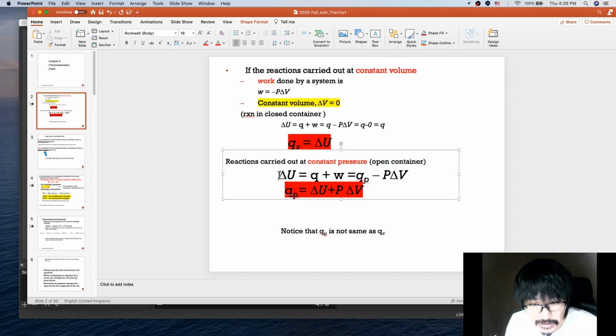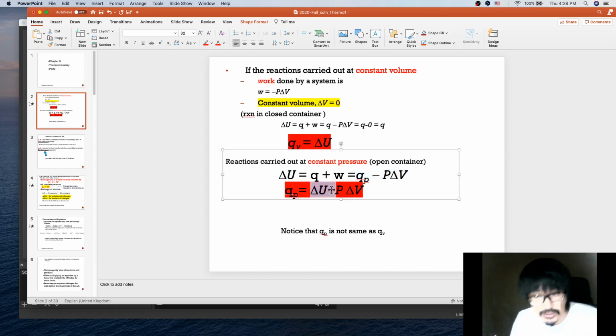So again, I'm going to write delta U is equal to Q plus W. That's the change in internal energy equal to heat plus work, and Q_P denoting the heat at constant pressure. Then I'm going to substitute this W with minus P delta V, and rearrange these equations for Q_P.